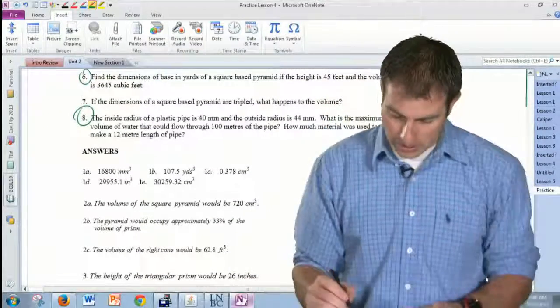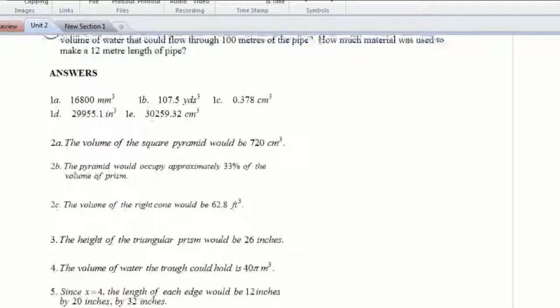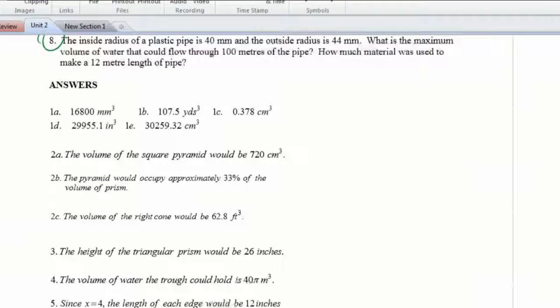The inside radius of a plastic pipe is 40, and the outside is 44. What is the maximum volume of water that could flow through 100 meters of the pipe, and how much material was used to make a 12-meter length of pipe? All right. So the inside radius, draw it a bit bigger.